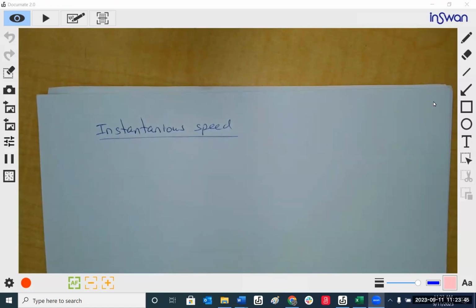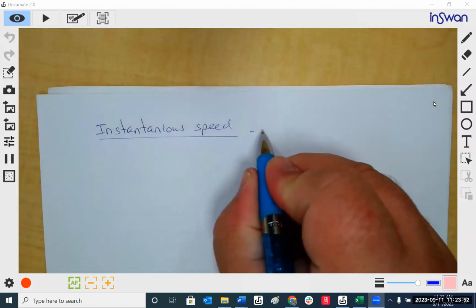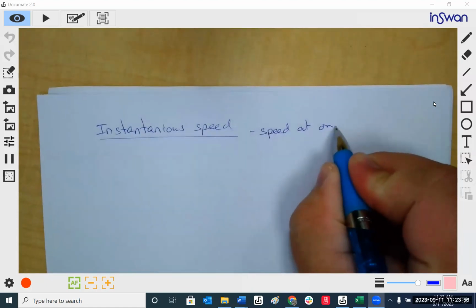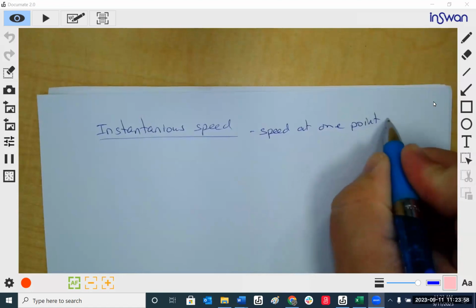How do we find instantaneous speed? Because this is speed at one point in time.